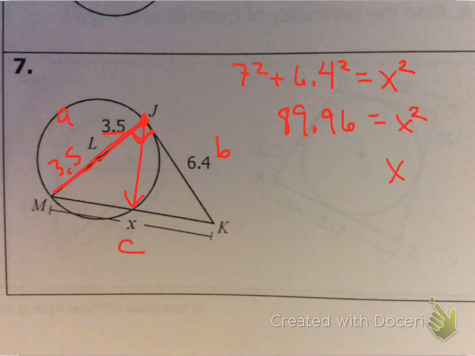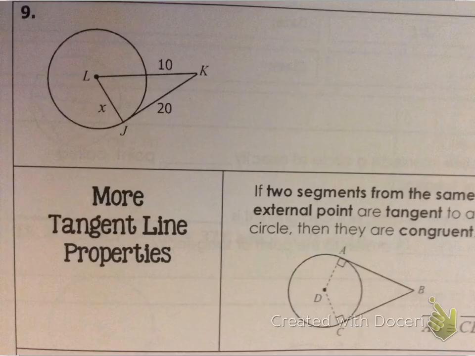Take the square root of that, and you should get about 9.5. And that should be that. And again, if y'all ever can't see how to set up the problem, let me know and we'll go over it. Okay, so this one right here is pre-AP. This would be something I would only do for the pre-APs.